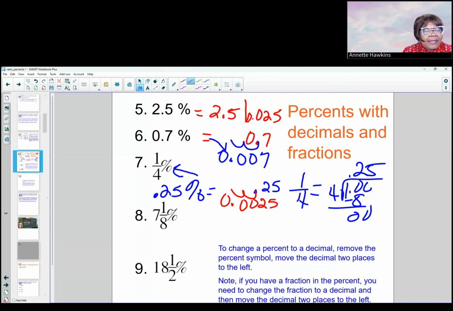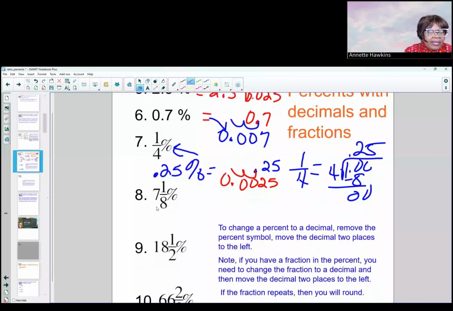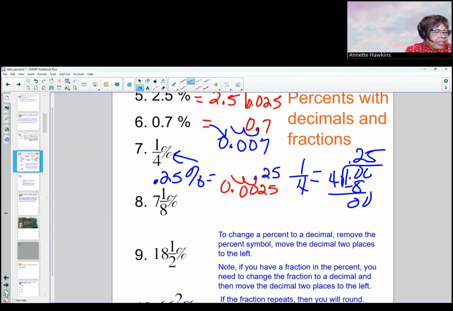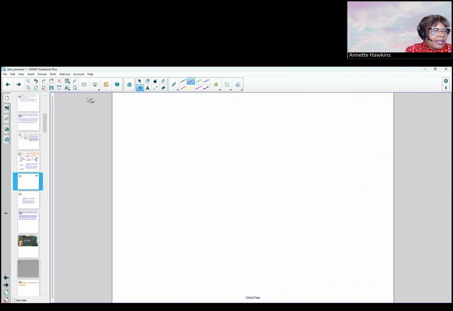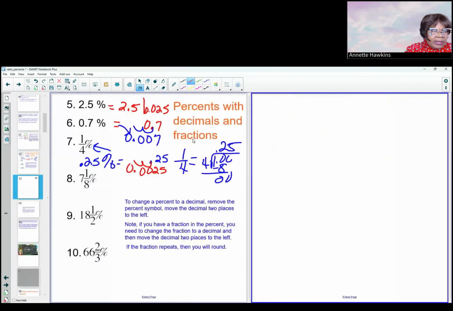Okay. All right. Let's take a look at 7 1/8%. So we need to change 1/8 to a decimal. Let's come over here and we'll get some scrap paper, and let's see what 1/8 is.